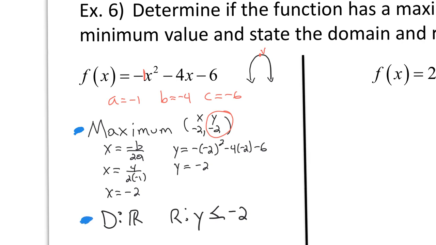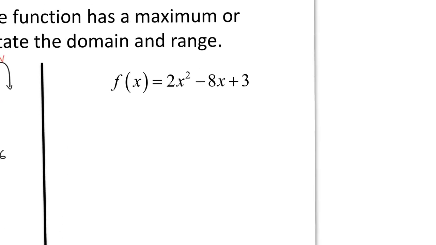My next example here, we have f of x equals 2x squared minus 8x plus 3. First of all, let's find the a, b, and c. So a is 2, the one with the x squared, b is negative 8, the one with the x, and c is positive 3. My a value is positive, so that means my U-shape is going to go up, just like this.